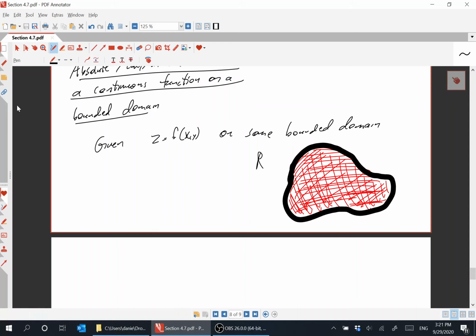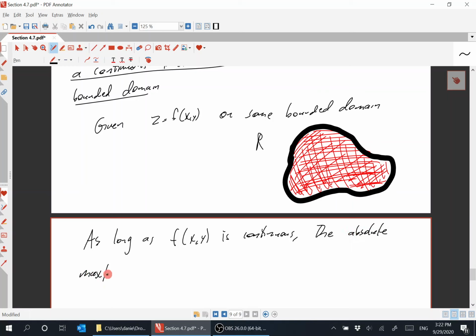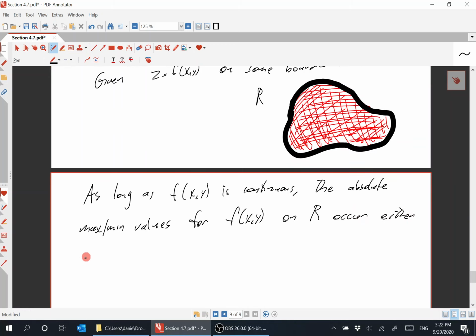So as long as f(x,y) is continuous, okay, the absolute max and min for f(x,y) on R occur either at critical points or on the boundary.